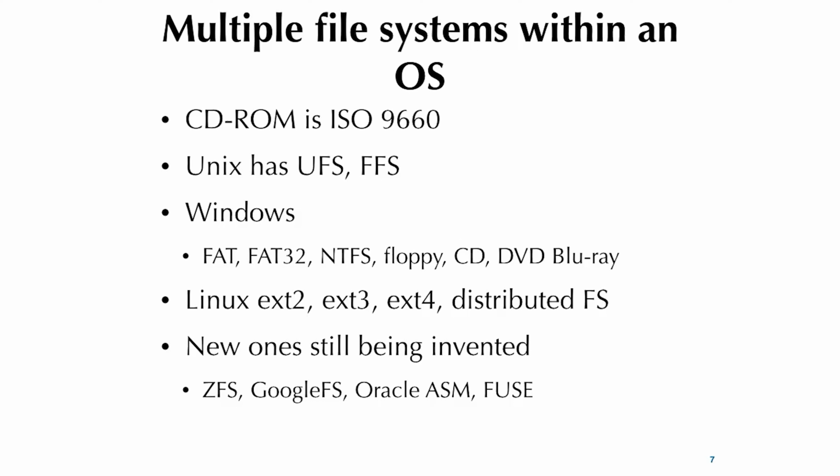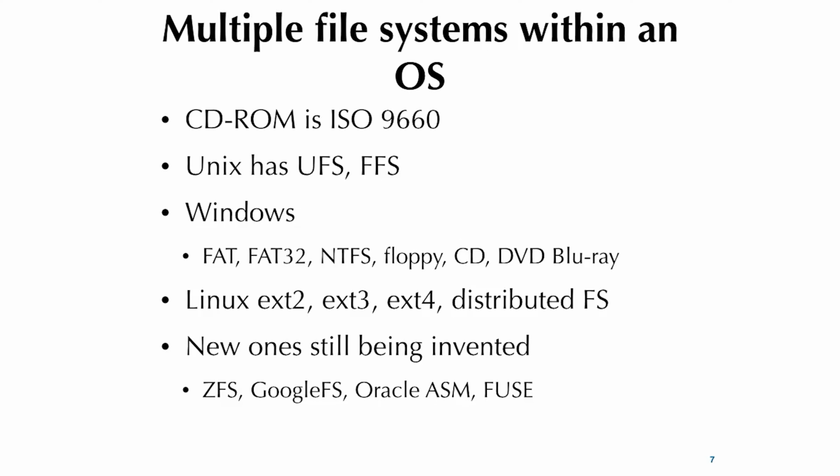But before then, of course, there's the floppy drive, right? Floppy had its own file system, as did CD, DVD, Blu-ray. Now, Linux uses ext2, 3, now up to ext4, and there are other distributed file systems.